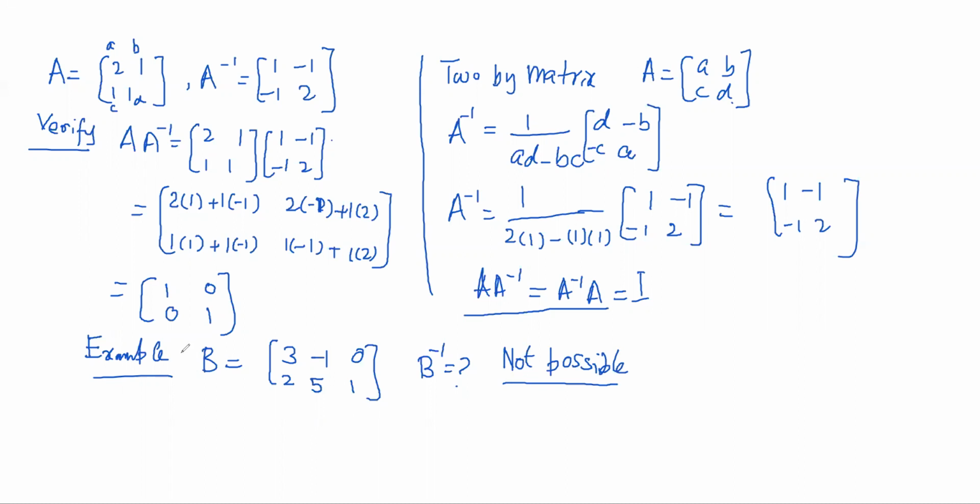So let's do one 3 by 3 example, okay? 3 by 3 matrix example. So if C is, for example, equal to 1, 0, minus 2, 2, 1, 2, and 2, 1, 3.